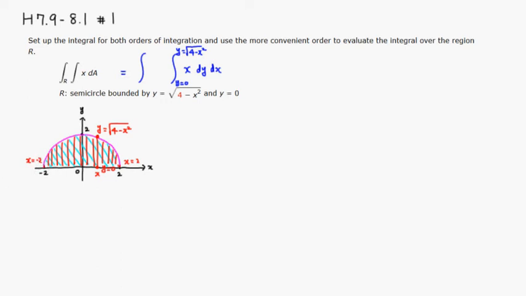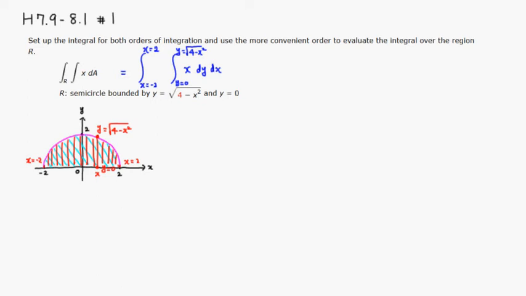The integral is going to go from, sorry, not y equals 2, it's x equals 2. So x goes from negative 2 to positive 2. Alright, so let's do that.